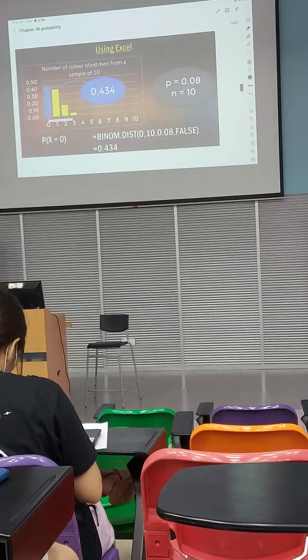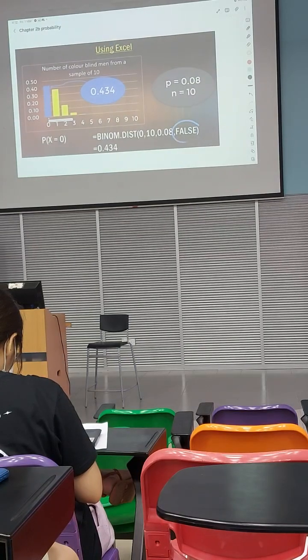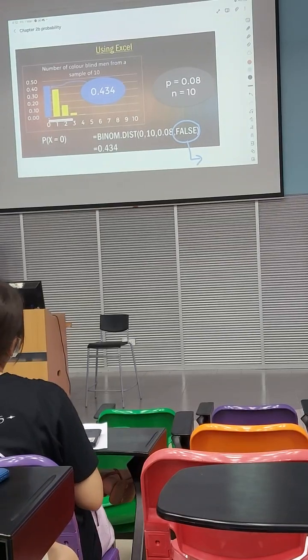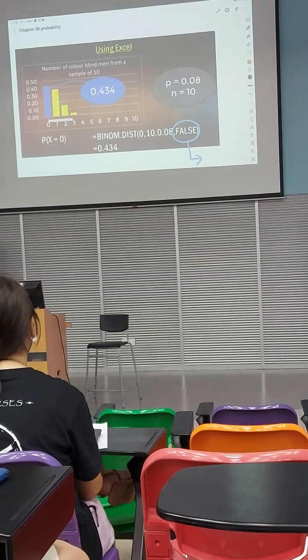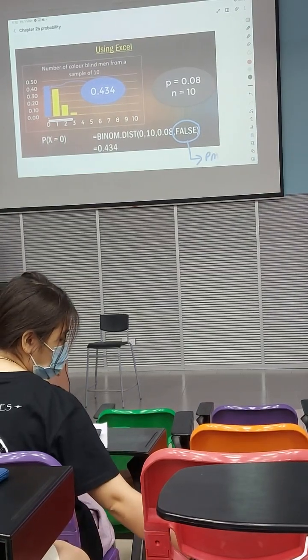Again, using Excel, this is the function. What is FALSE? Anyone remember? There are two types, either TRUE or FALSE. What does FALSE mean? Probability mass function.